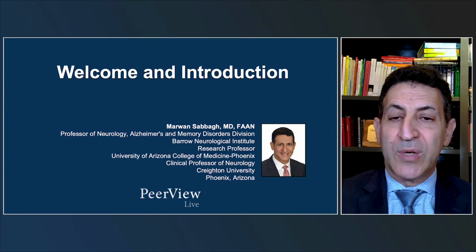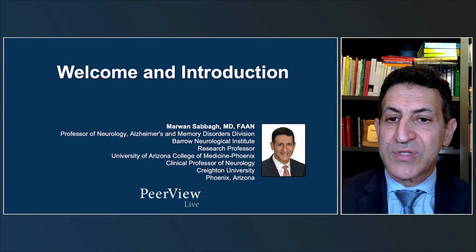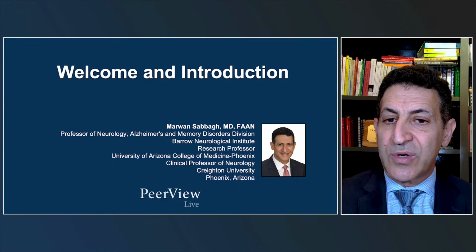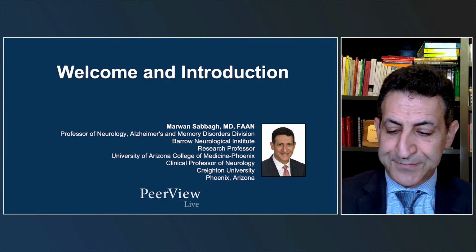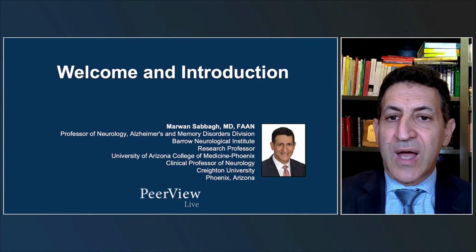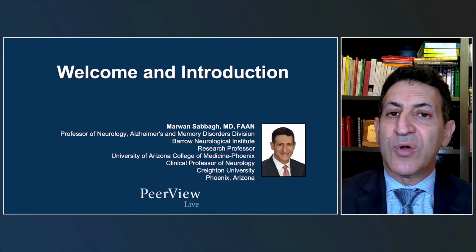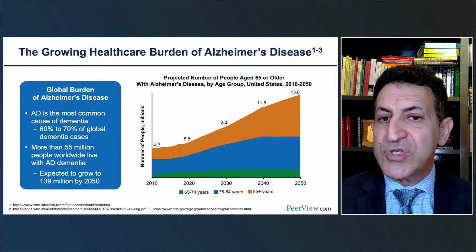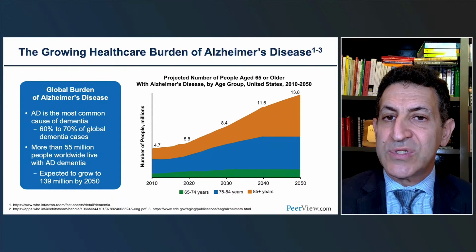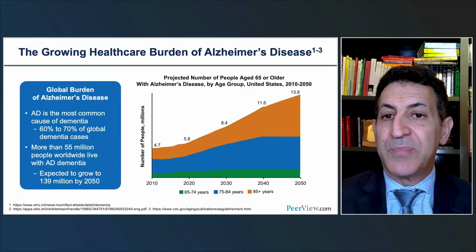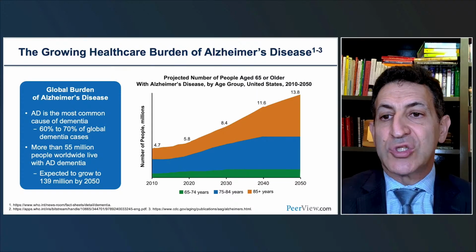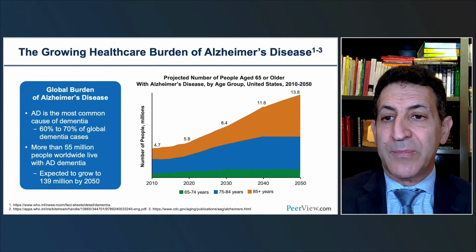As I mentioned in my opening remarks, I'm Professor Marwan Noel Sabbagh, Professor of Neurology at the Barrow Neurological Institute in Phoenix, Arizona, as well as Research Professor at the University of Arizona and Creighton University. Let us start out by talking about the healthcare burden. As you see here, the number of people with Alzheimer's disease is growing. The current estimates are roughly about 6 million people in the United States have it now. It's going to more than double by the middle of this century with almost 14 million people.